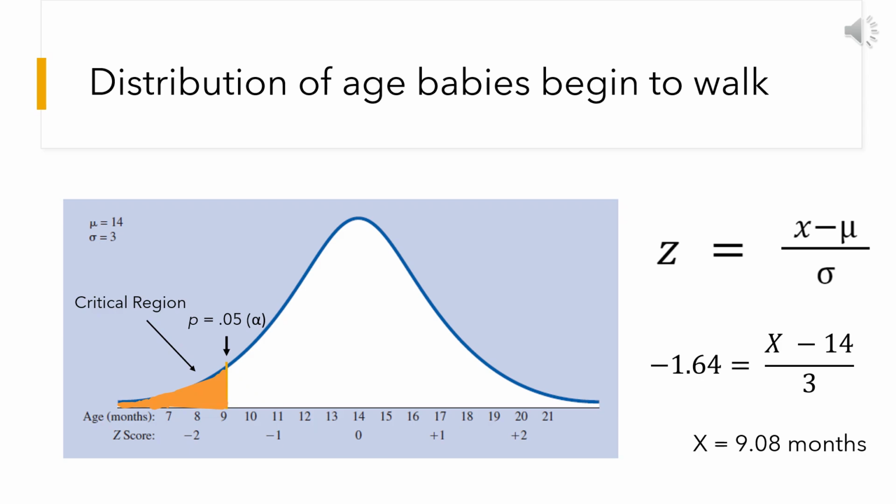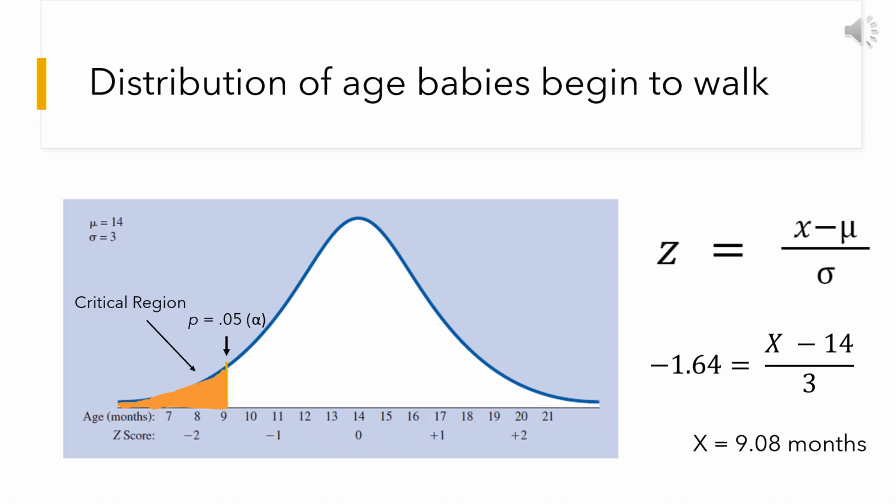So that sets up a critical region where if we take a look at one single child and they actually start walking before that value, so they have a more negative z-score, maybe negative 2.3 or whatever, then they lie in the critical region, and that is going to be an extremely small p-value.